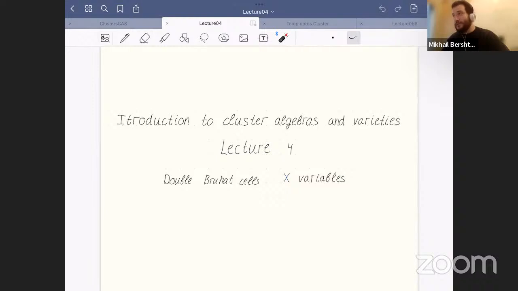more time. I will make similar remarks later, but I'm really puzzled by this fact, that there are 2 different descriptions for double Bruhat cells. One of them is in terms of the minors, and as we stated, these are some sort of A variables.